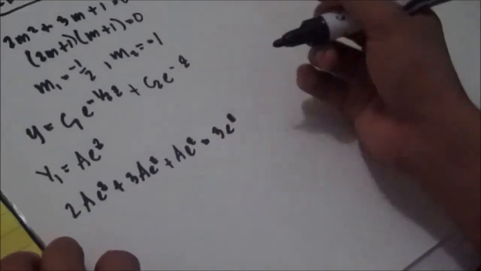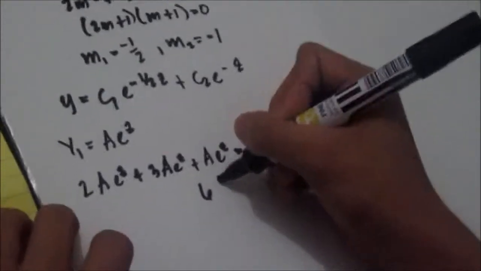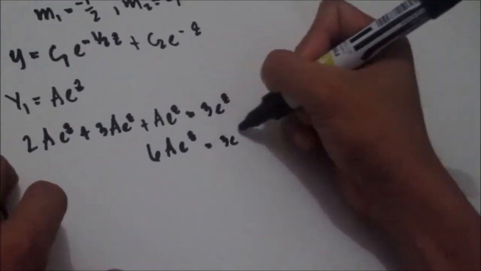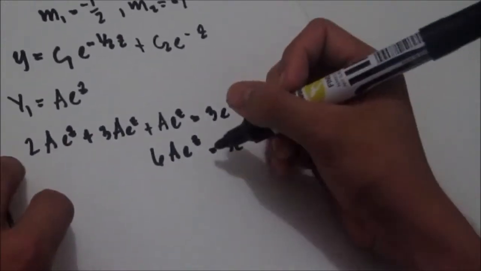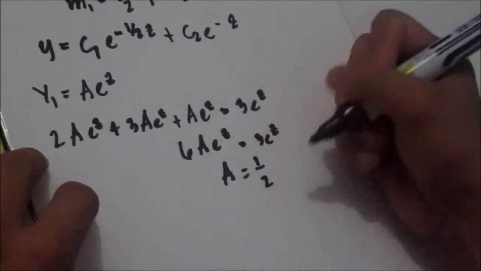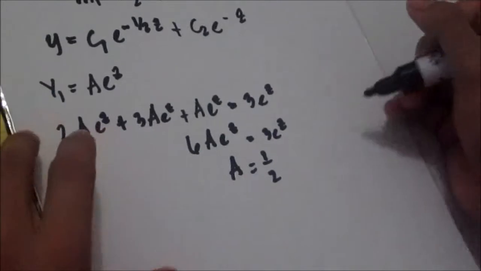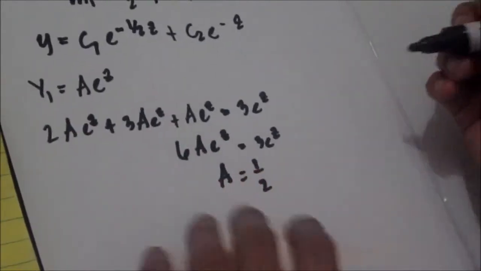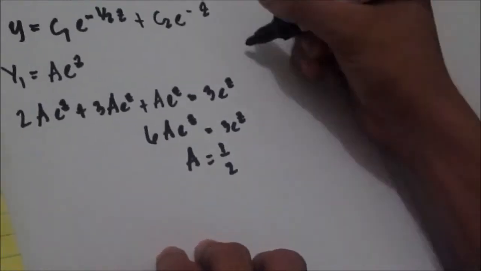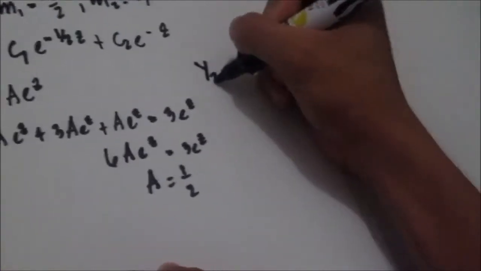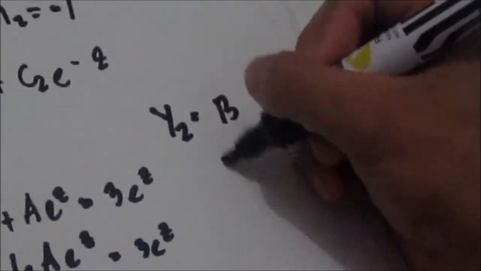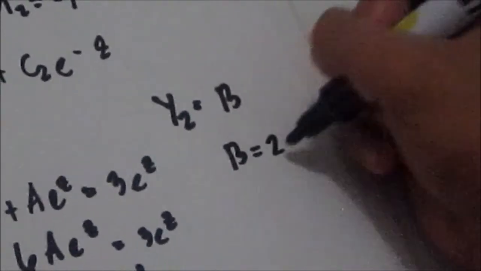Evaluating further the equation, we will get 6a e to the z equals 3e to the z, and we will get a is equal to 1/2. And for the second term of the right part of the equation, we shall let y2 equal to b, and we will have b is equal to 2.